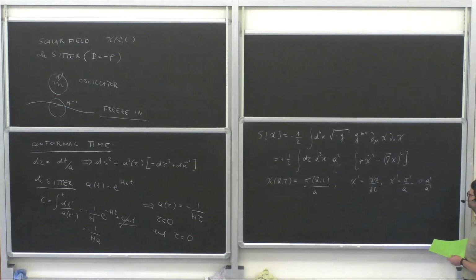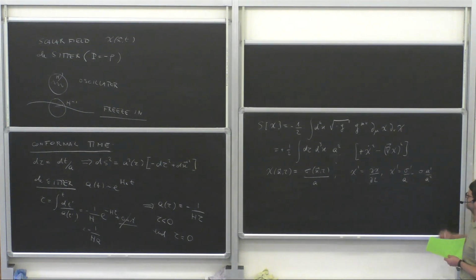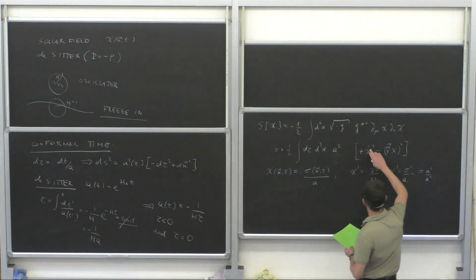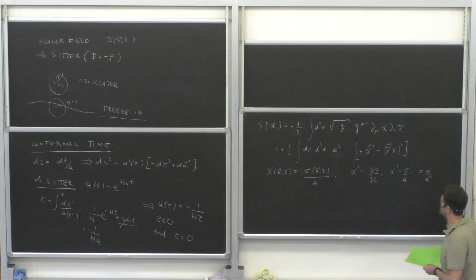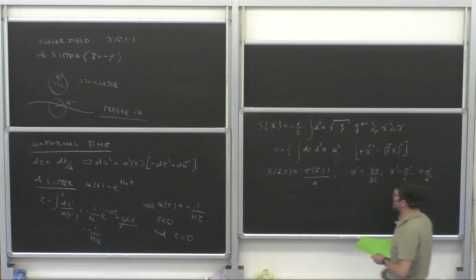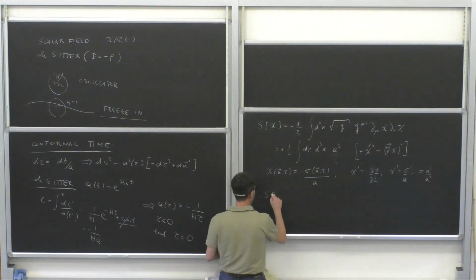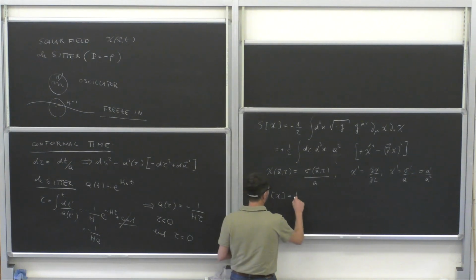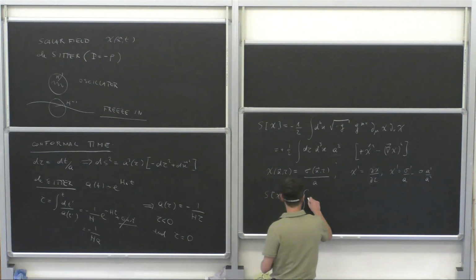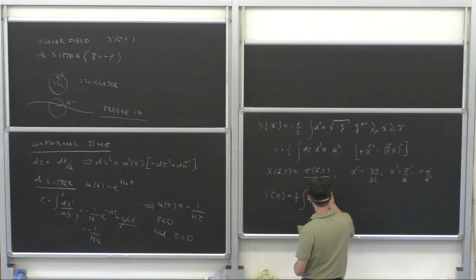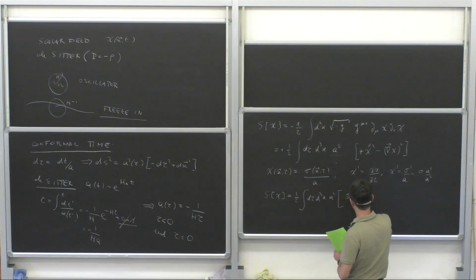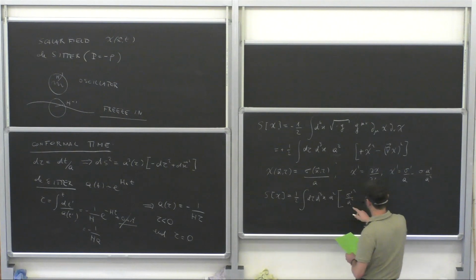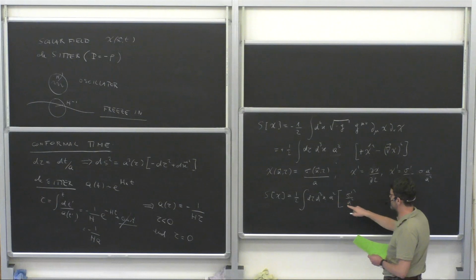Now what I have to do is put this object inside the action. So in fact here, again, sorry, this is a prime by my convention. So now the action becomes S of chi equal to 1/2 the integral in d tau d^3x a square, and here I have sigma prime square divided by a square, and now you see why I'm doing this, because of course the a square will cancel.